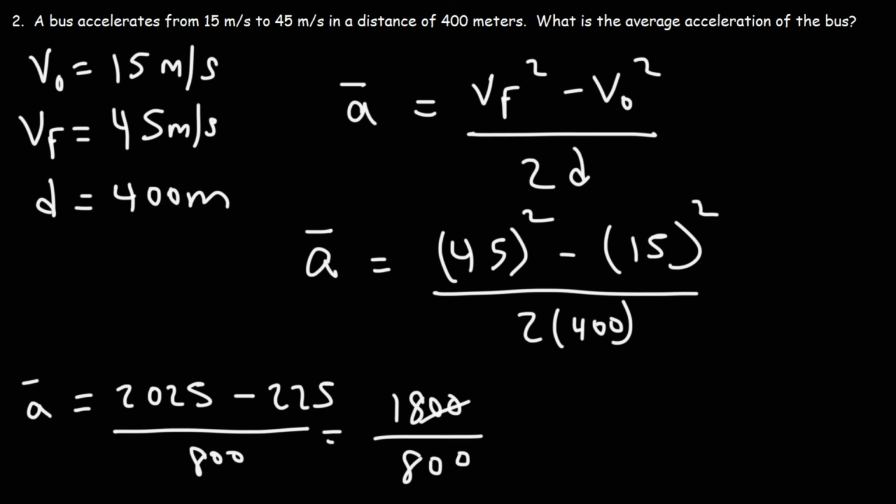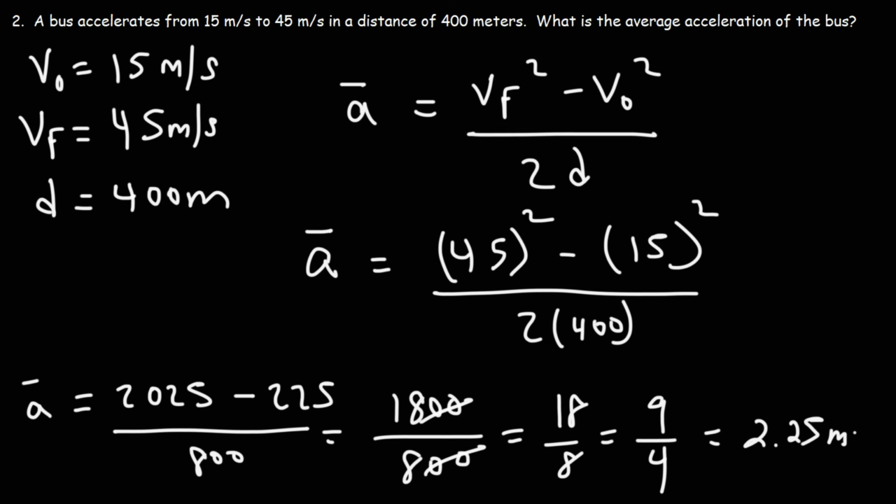If we want to, we can cancel 2 zeros, so it's 18 over 8, which is 9 over 4. And 9 divided by 4 is 2.25. So that is the average acceleration in this example. It's 2.25 meters per second squared.